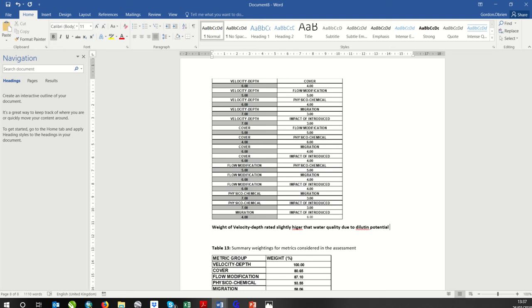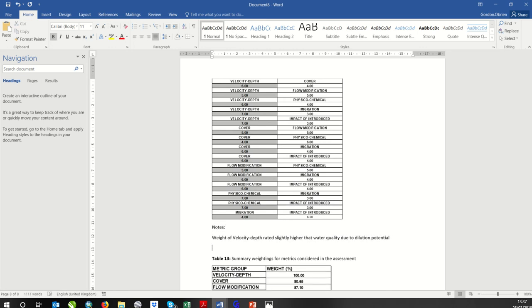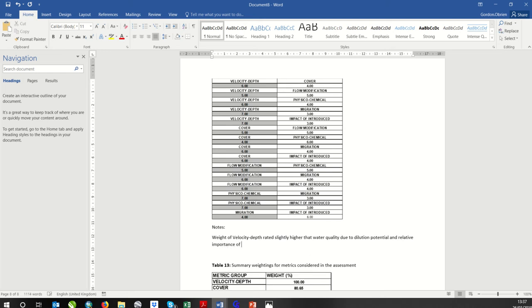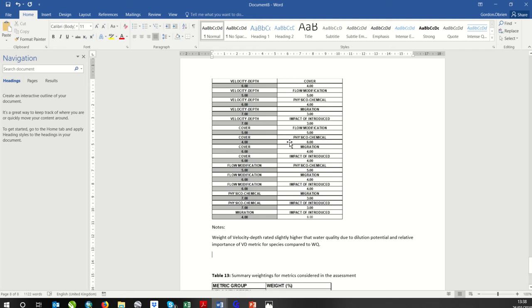In other words, it's part of the dynamics of the system that I'm considering. Dilution potential, and relative importance of velocity depth metric for species compared to water quality. Okay? Anything else that's important?